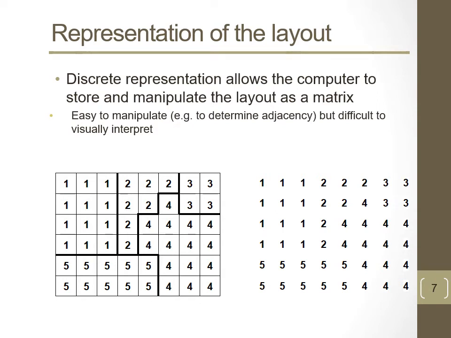And then we just have a matrix of numbers. And when the computer sees that there are all ones like this, it understands that this is a single department. Again, these twos, it understands that this is a department. And the computer now can modify the sequences of these numbers to improve it or to come up with a better design.